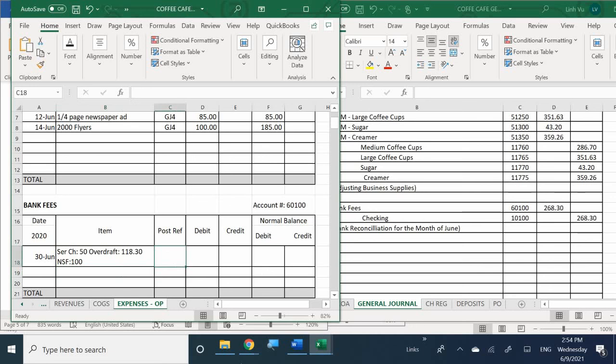So I wrote: service charge was $50, overdraft was $118.30, and NSF was a total of $100.